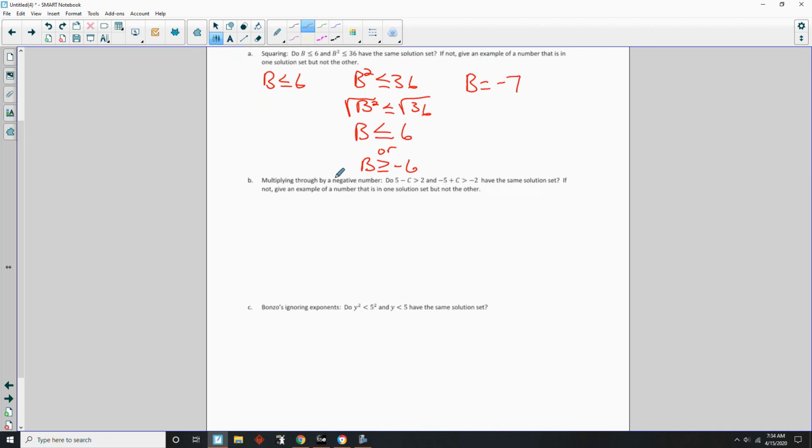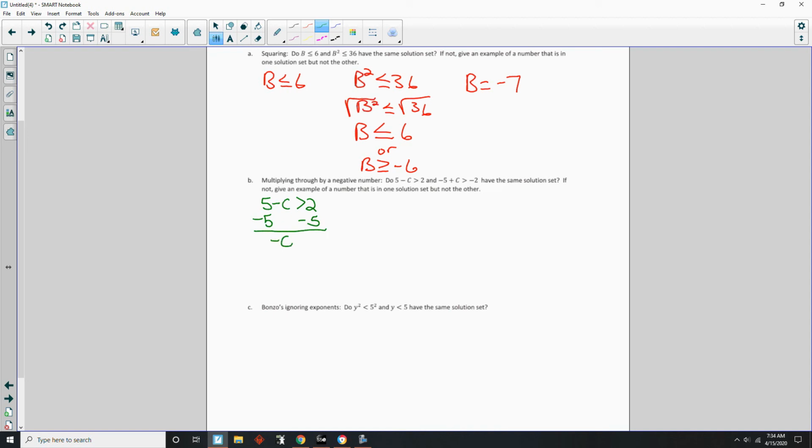B, multiplying through by a negative number. Do 5 minus c greater than 2 and negative 5 plus c greater than 2 have the same solution set? So let's see. 5 minus c is greater than 2 is my original inequality. To solve for c, I'm going to subtract 5 from both sides, and that's going to give me a negative c.